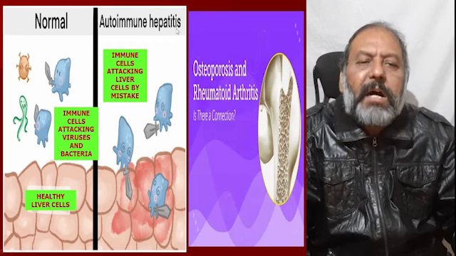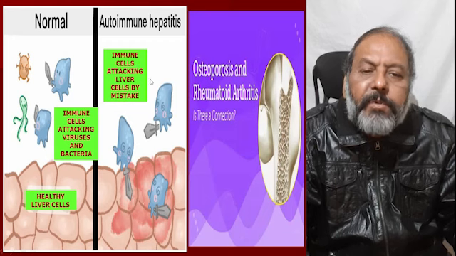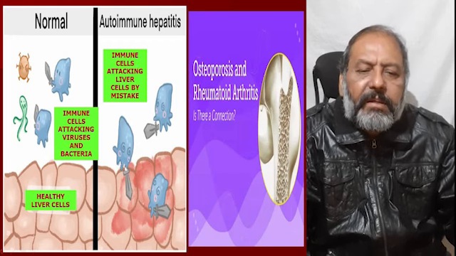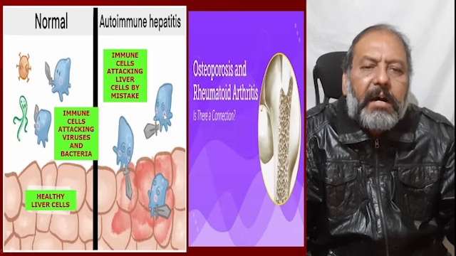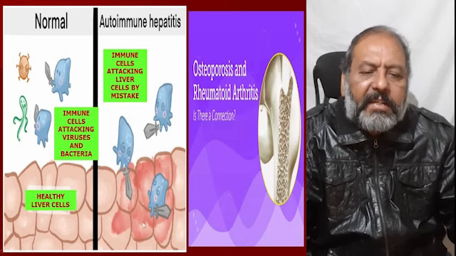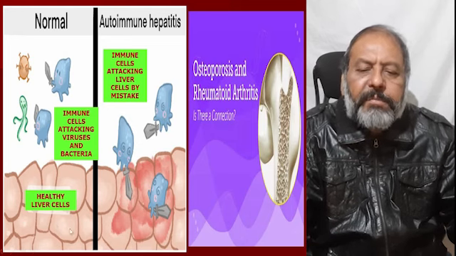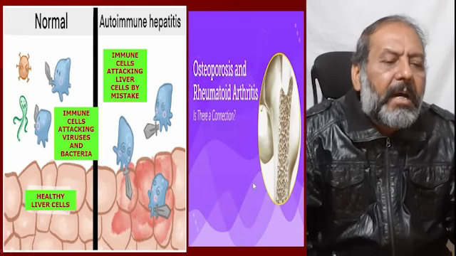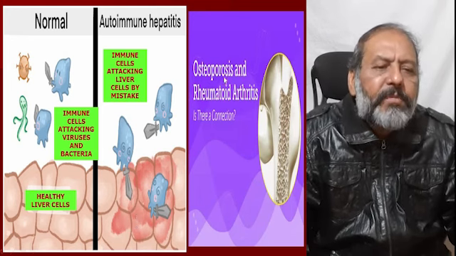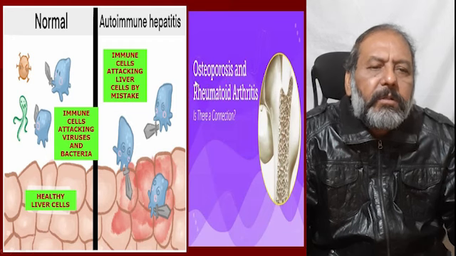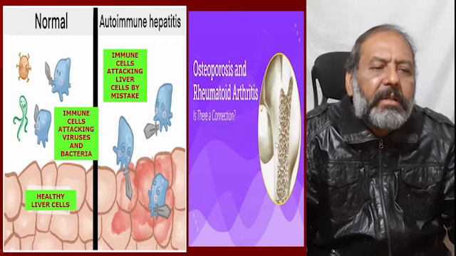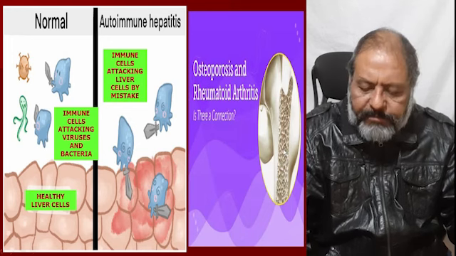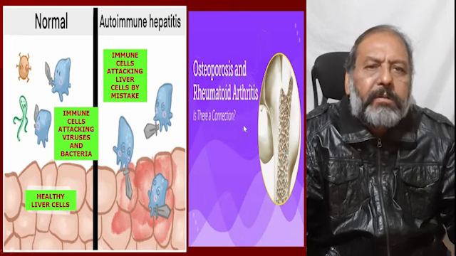But in case of autoimmune hepatitis, immune cells attack the liver cells by mistake, and here one can see the immune cells attacking the liver cells which were previously healthy. And there is bone involvement in which the bones are going to have osteoporosis, and rheumatoid arthritis is going to have more effect in osteoporotic bone.